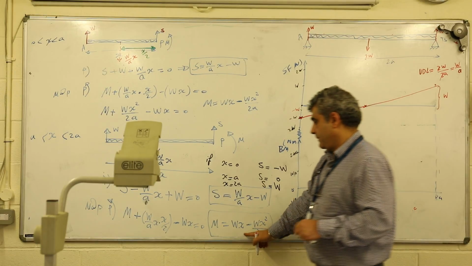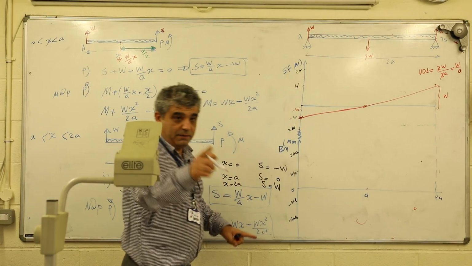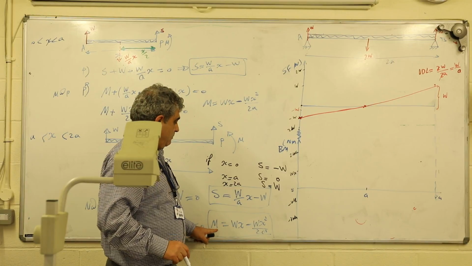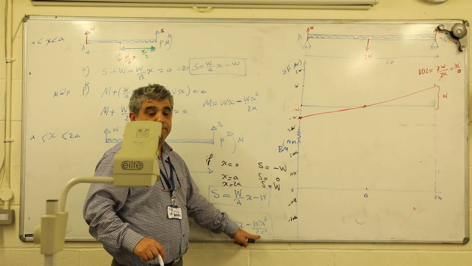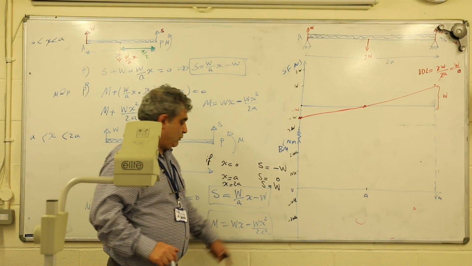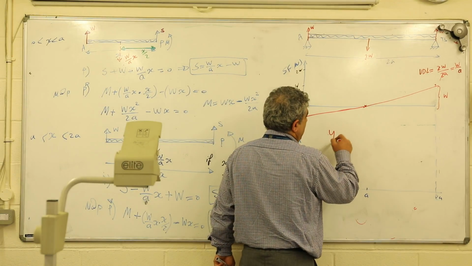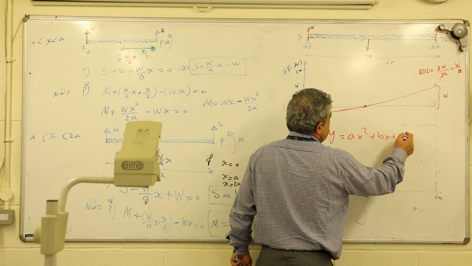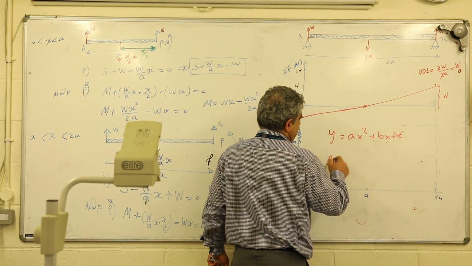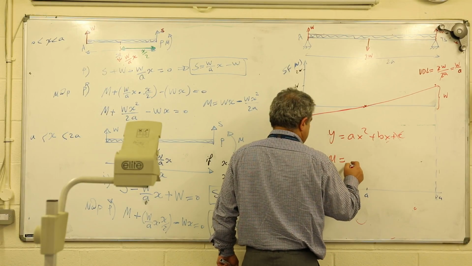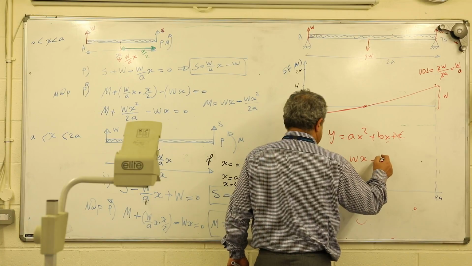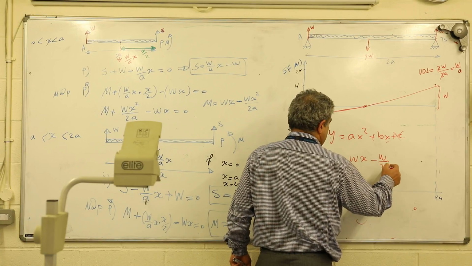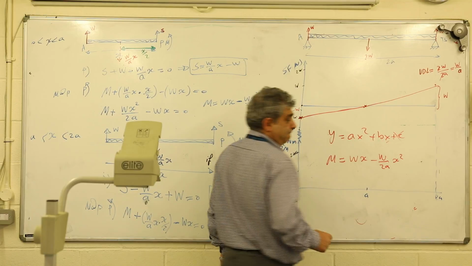Okay, let's solve this one. First of all, what sort of equation is this one? Quadratic. Quadratic equation, which is y is equal to ax squared plus bx plus c. C is gone. So M is equal to Wx minus W over 2a x squared, yeah?